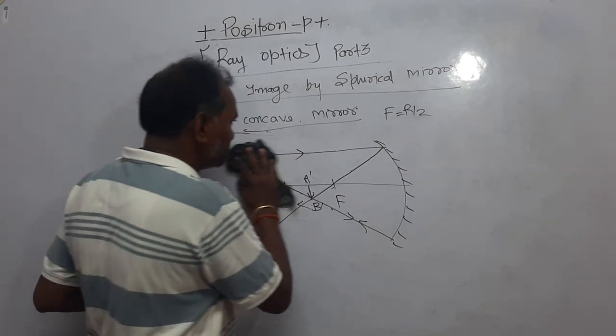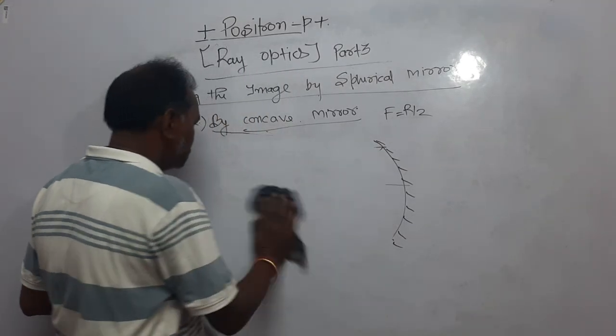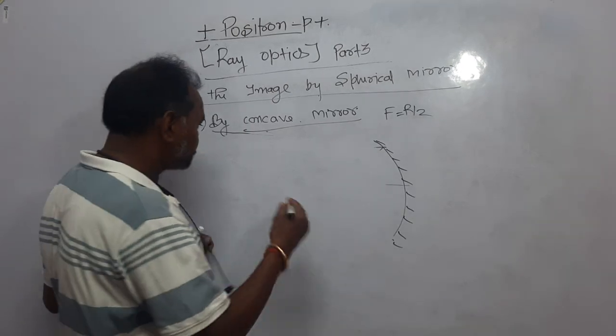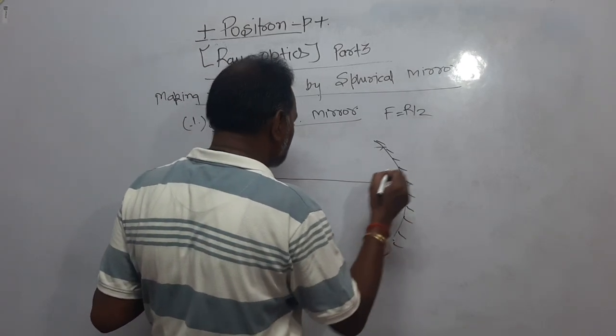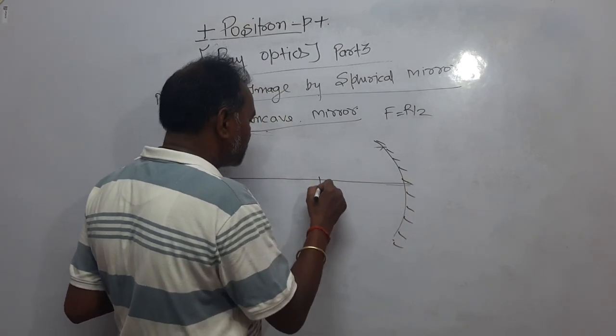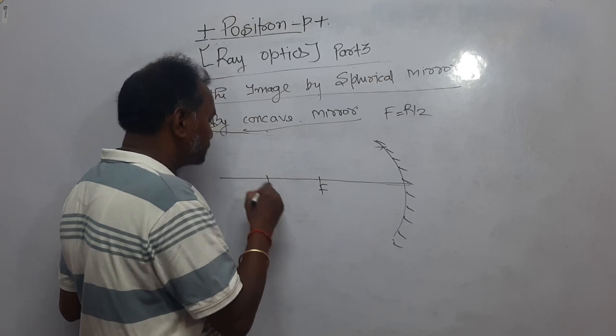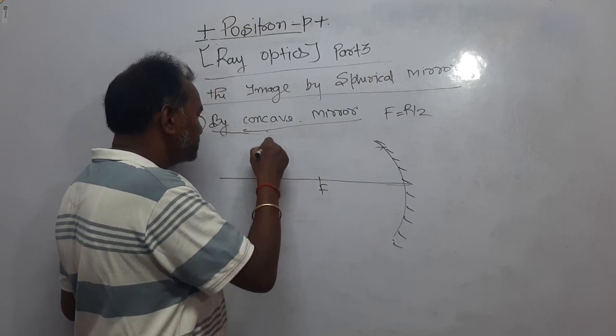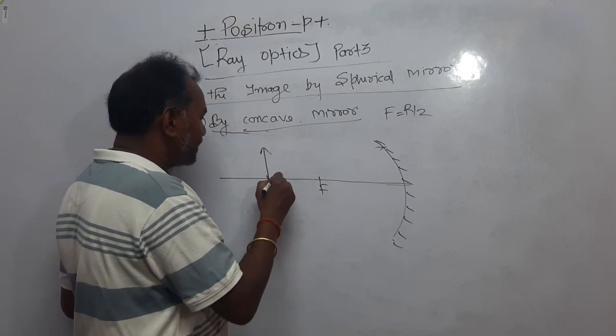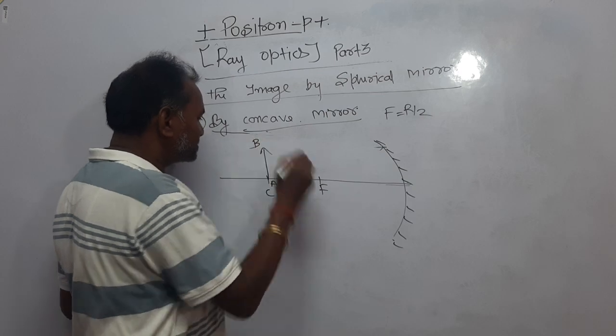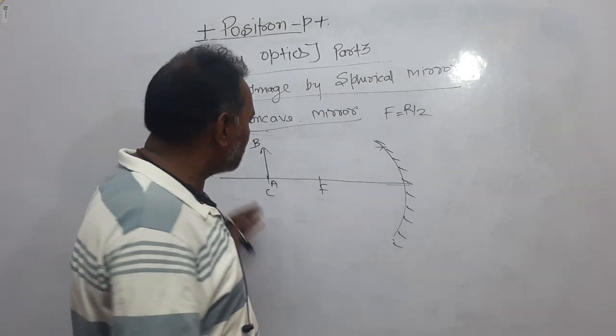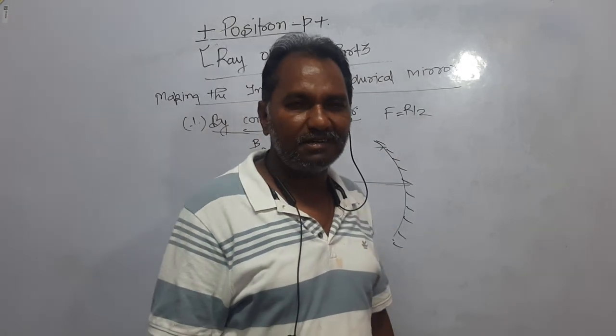Next is, dear students, again, this is the focus, this is the center of curvature. This time I am considering the object AB kept at the center of curvature. We are moving from left to right, right?